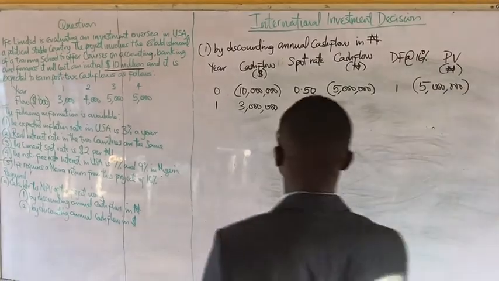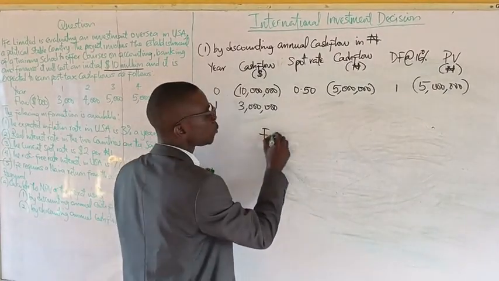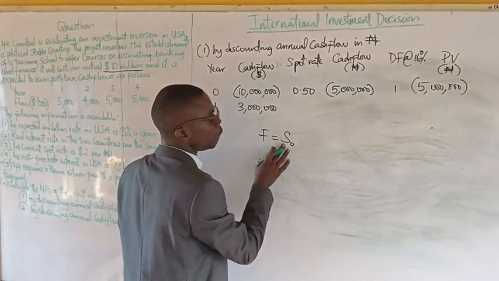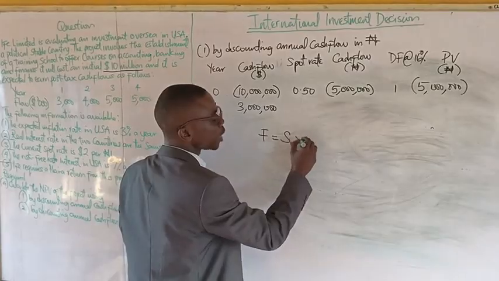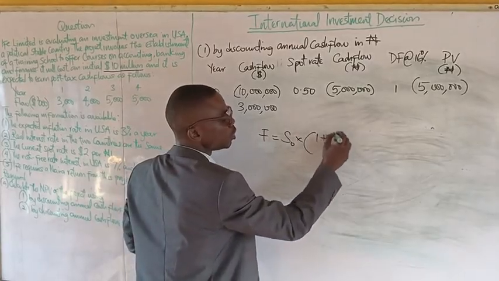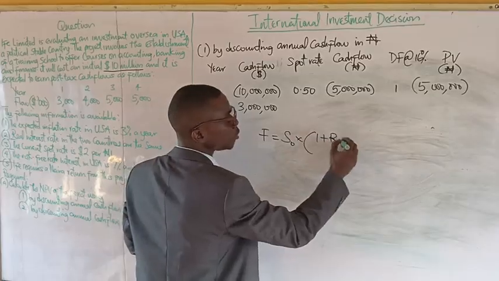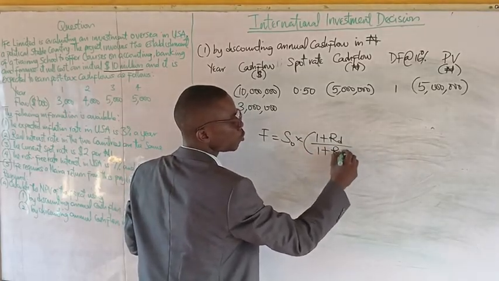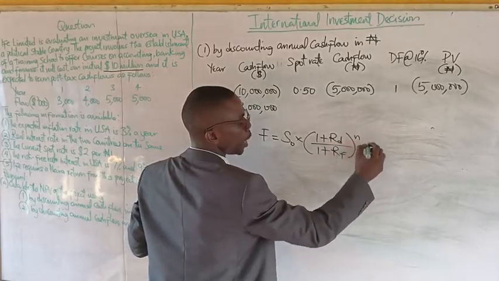That is the direct method you use to predict the future spot rate, which is the spot rate at year 0 times 1 plus the domestic interest rate over 1 plus the foreign interest rate, raised to power n.